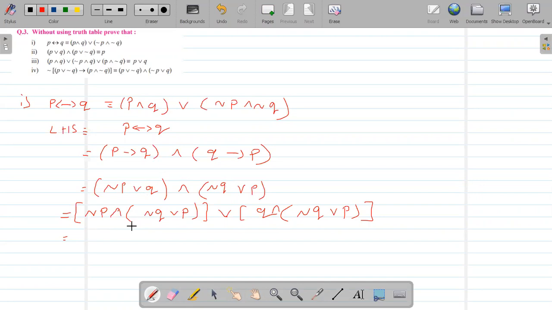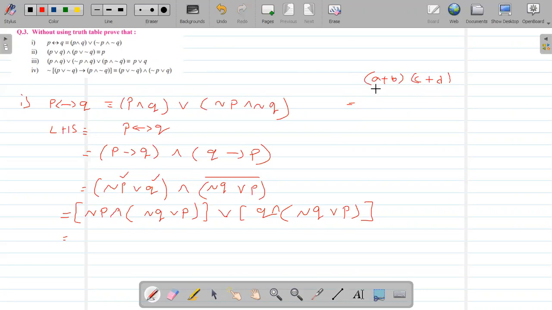Sir, please tell me once more. Okay, what I did: first I multiplied this with the entire bracket, and the second time I multiplied this Q with the entire bracket. It's very similar to what we used to do in algebraic equations. For example, in the case of A plus B and C plus D, tell me how you usually multiply these two brackets.